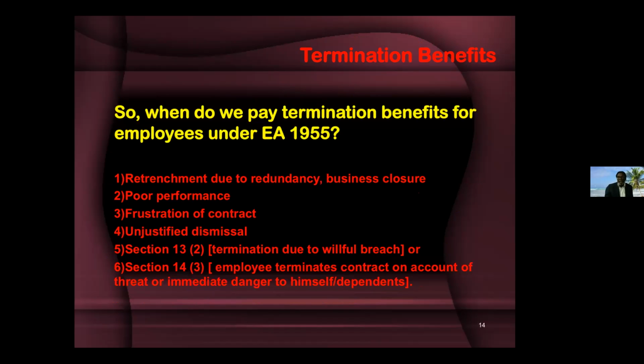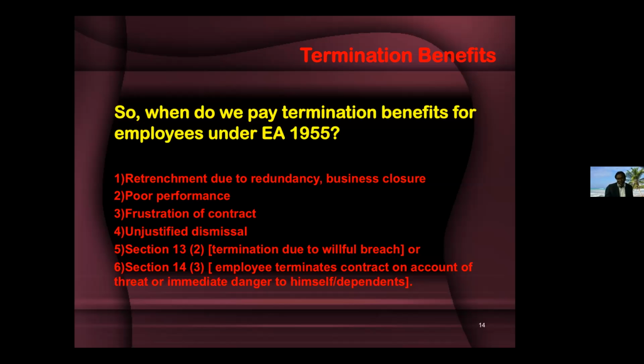So we have come across situations like this, decisions like this being made by the Labor Department. As you know, this is not an area for the Industrial Court. It's an area for the Labor Department, Labor Court. It's a labor decision because it's pertaining to the Employment Act. So how many of you have not paid your poor performer termination benefits, especially under the Employment Act?